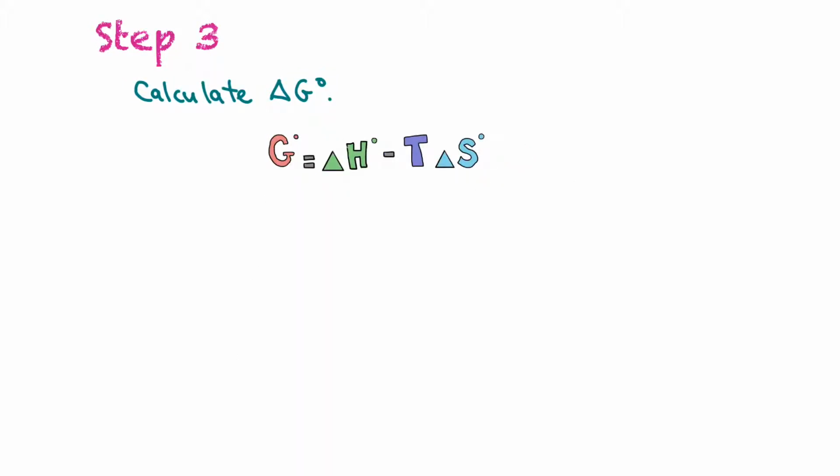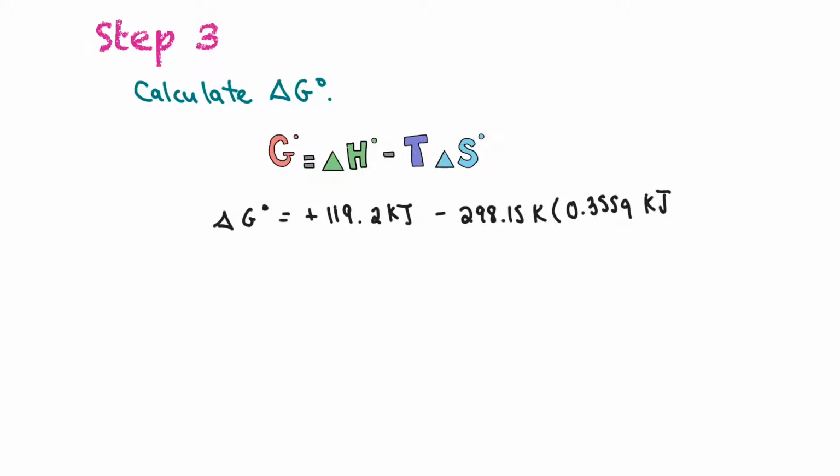Now we'll calculate delta G. That's equal to delta H, which we calculated from the heats of formation, 119.2 kilojoules, minus T delta S, so it's going to be 298.15 Kelvin times 0.3559 kilojoules per Kelvin, which equals 119.2 kilojoules minus 105.8 kilojoules.